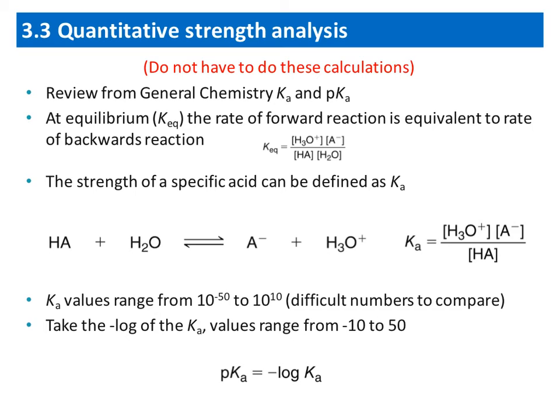Therefore, chemists converted the Ka values to pKa values by taking the negative log of Ka. What is nice about pKa is that we are looking at numbers from negative 10 to 50, so they are much easier to compare. We can look at the table of pKa and compare the acidity and basicity of the compounds using these numbers.